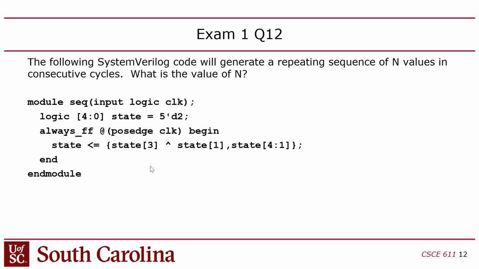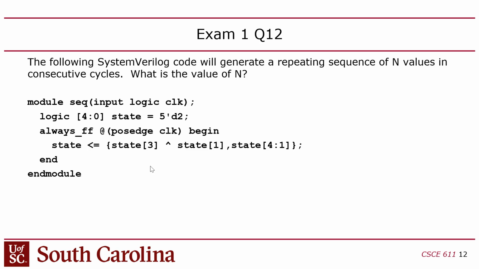Okay, so in the next cycle, it's going to be 0 XOR 0, which is 0, and then 1, 0, 0, 0. Okay, then 1 XOR 0 is 1, 0, 1, 0, 0. And then 0 XOR 0 is 0, 1, 0, 1, 0.